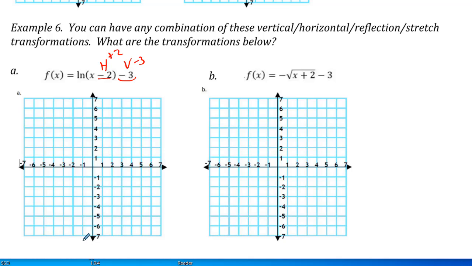So ln, as you know, goes through this point right here, 1, 0. It comes up with an asymptote, and then it curves away. Somewhere around there, and it curves away like that.